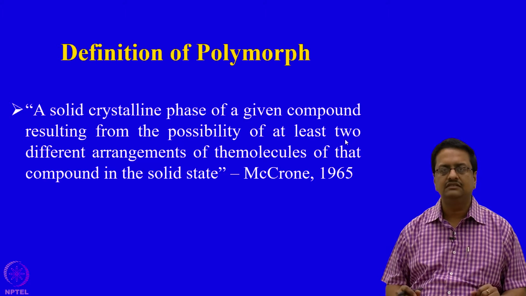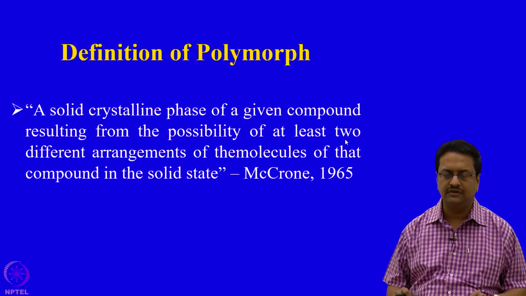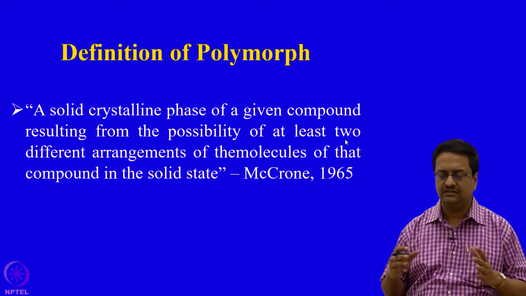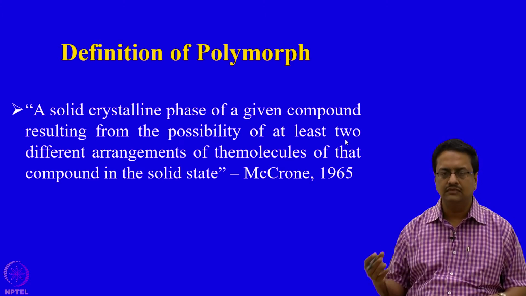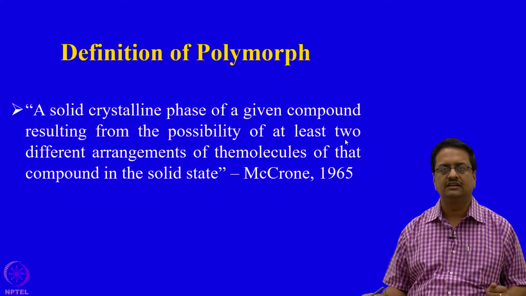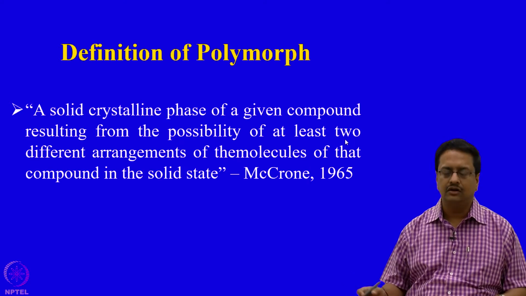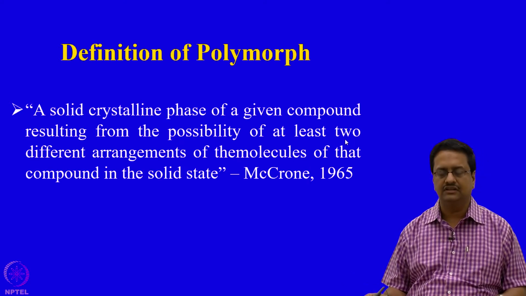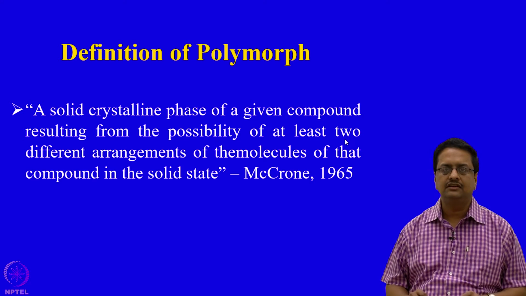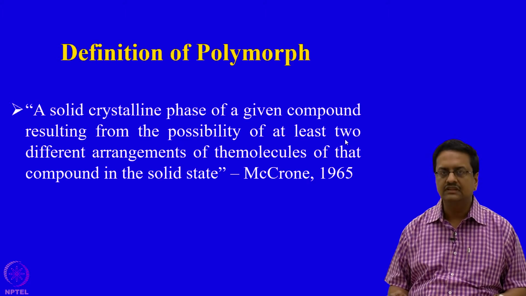This actually means that when you try to crystallize a particular compound by different methods, using different solvents or methods like slow evaporation, rapid evaporation, solvent drop grinding, or vapor diffusion, if you end up getting two crystalline states which have different powder X-ray diffraction patterns, then we call them polymorphs.